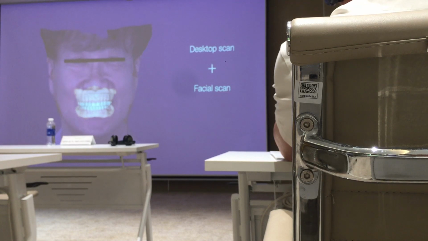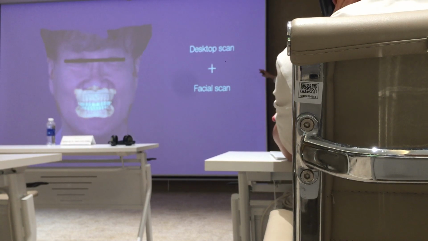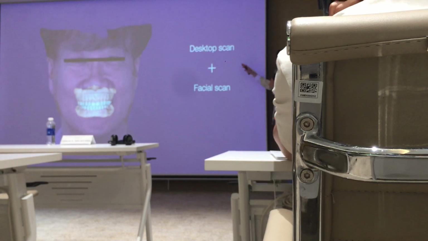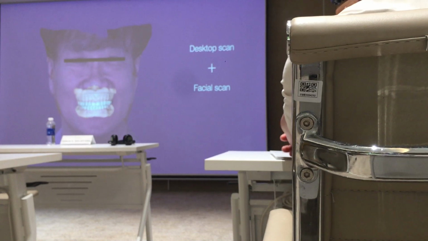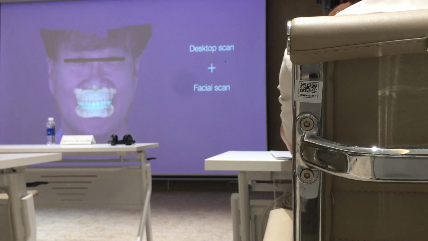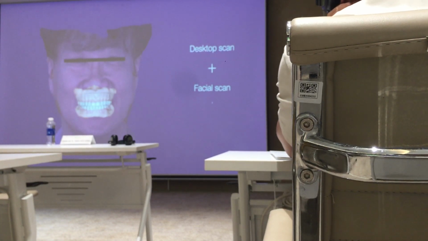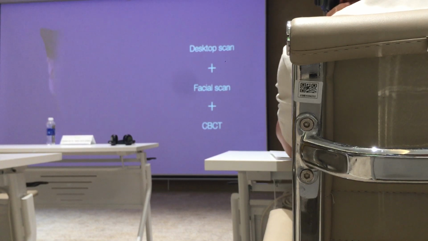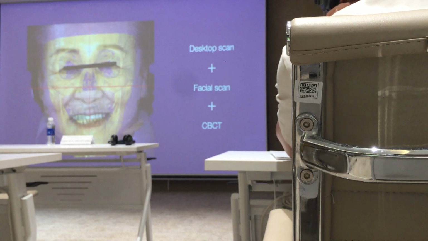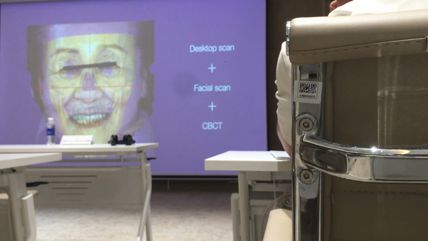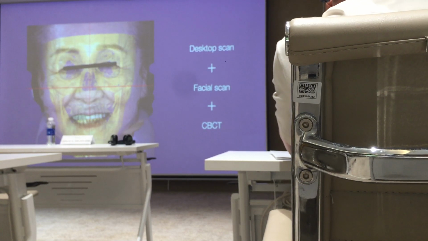So basically, I used my desktop scan data and I did the facial scan and I combined these two. But now I'm trying to incorporate CBCT into this whole digital workflow. So here's a desktop scan, this is CT scan, and the facial scan.